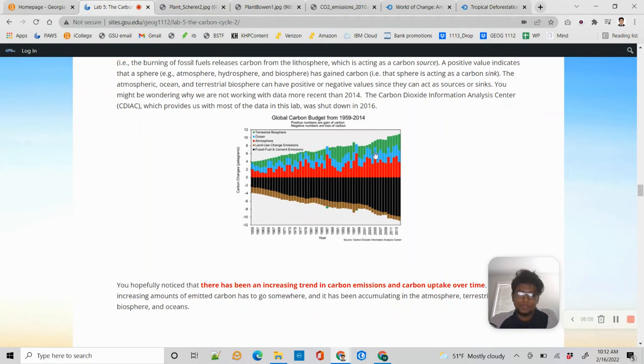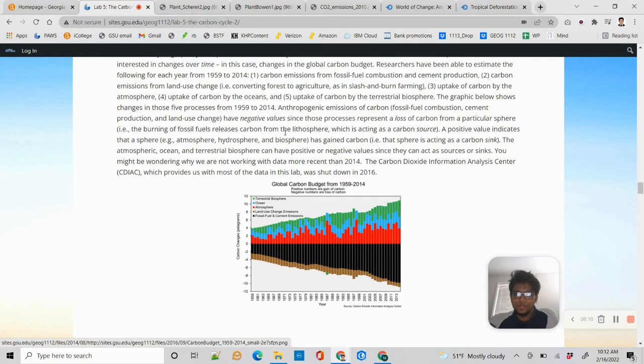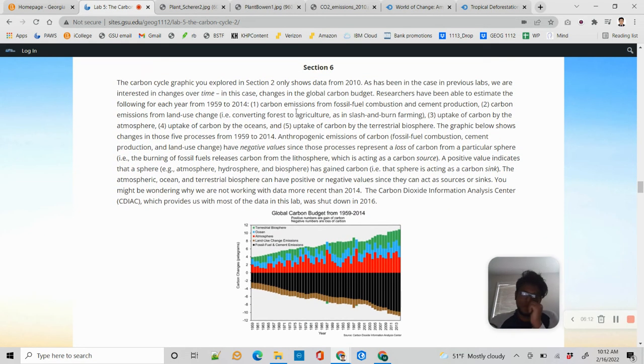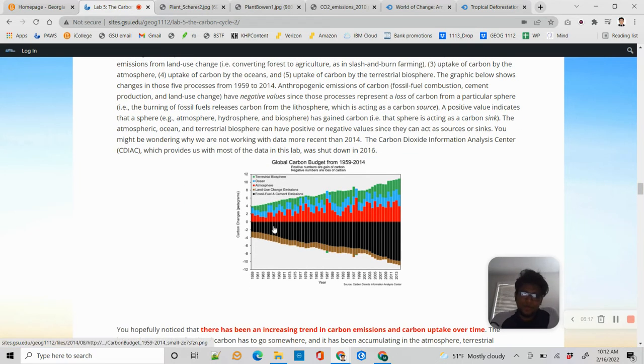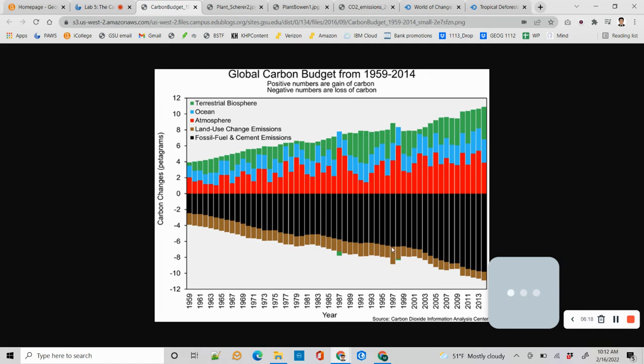And then I discussed this global carbon budget. If you look at the description, you can relate it to the description that I gave in my presentation video. You see the trend: the overall carbon loss or release into the atmosphere is increasing in the form of land use and fossil fuel burning.